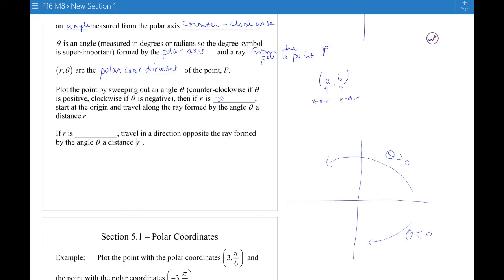If r is positive, start at the origin and travel along the ray formed by the angle θ, a distance r. But if r is negative, then you travel in a direction opposite the ray formed by the angle θ, a distance of the absolute value of r away from the pole.